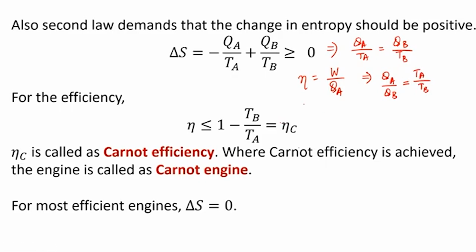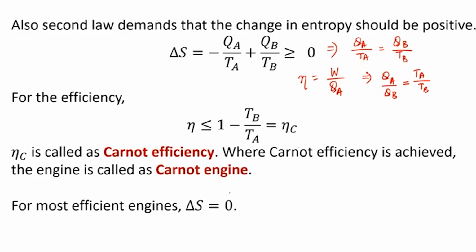All right, and one can put them here, and one will get the efficiency, it is just one line that you can do. So, efficiency is given by eta less than or equal to 1 minus Tb by Ta, and this is called the Carnot efficiency, and this gives you the maximum efficiency of an engine, okay, and this is called the Carnot engine, Carnot being the name of a person, and for the most efficient engines delta S equal to 0.